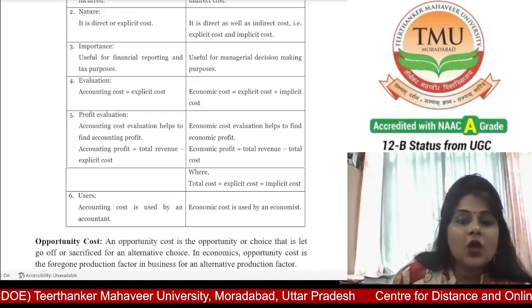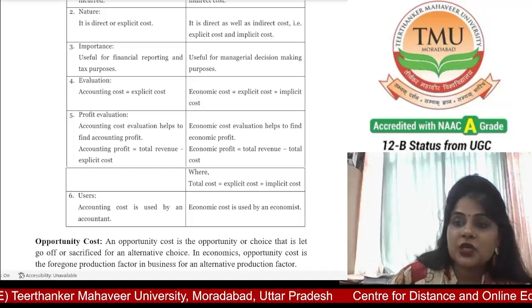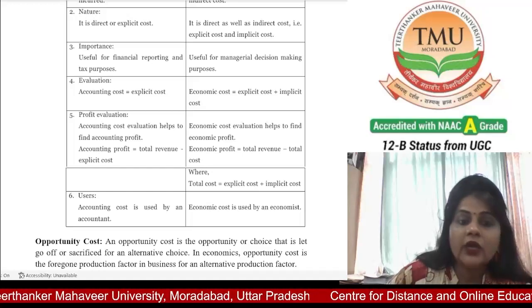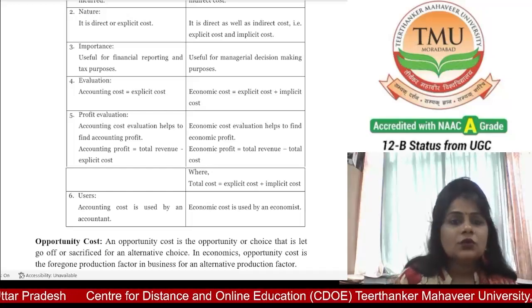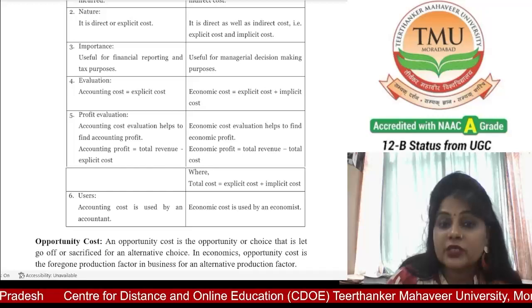Considering alternative options can give you a more complete financial picture than relying on the accounting cost alone. So you can say accounting costs are essential to any business.